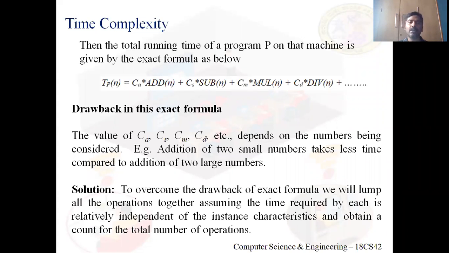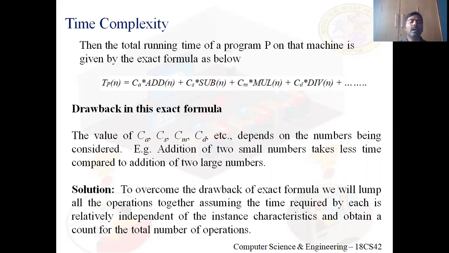We can't give 3 answers for one problem. Rather than real time, we need a solution so that every student will give only one answer, and that answer should be independent of any machine or hardware architecture.